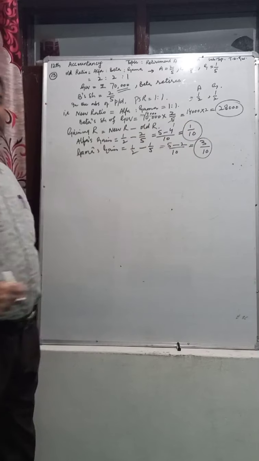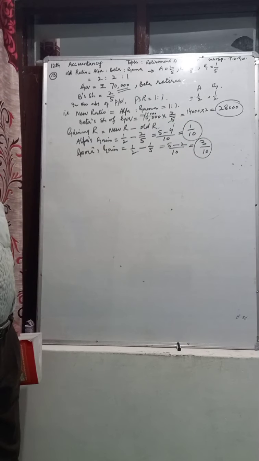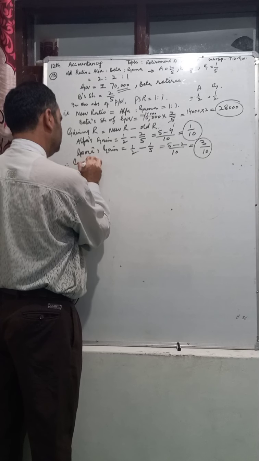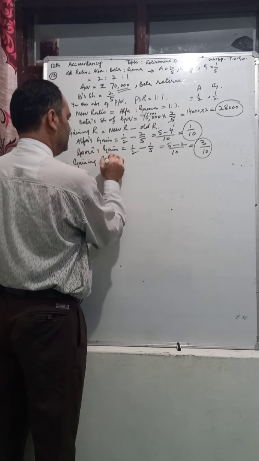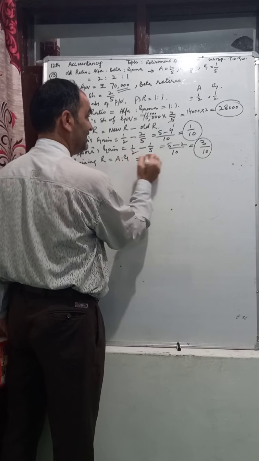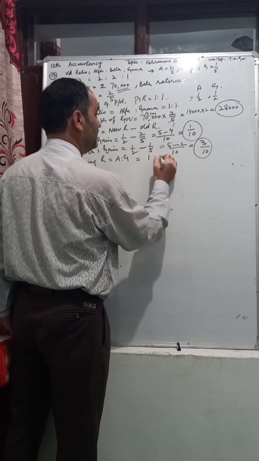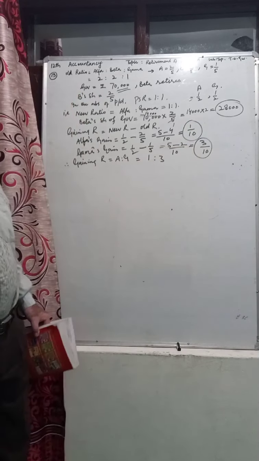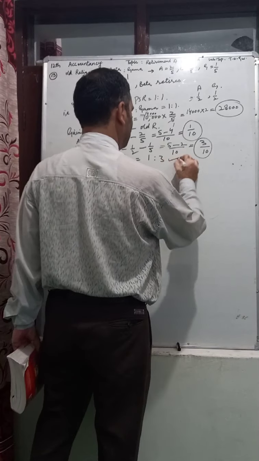These are the gaining ratios of the existing partners. Therefore, gaining ratio is equal to Alpha is to Gamma, that is 1 by 10, 3 by 10. That's 1 is to 3. This is our first requirement in this question.